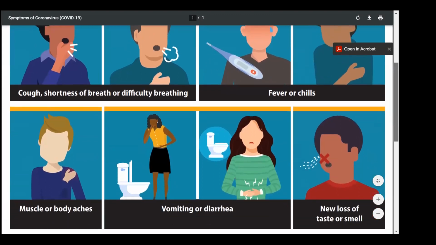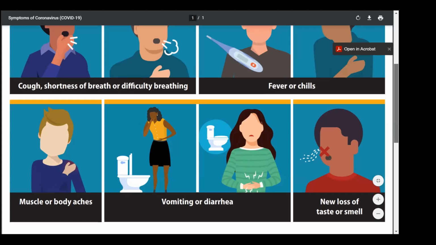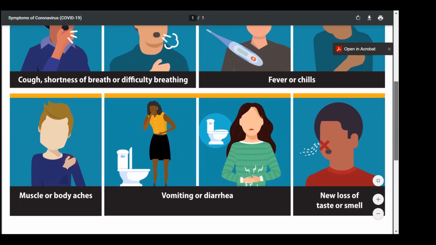They can also complain of muscle pain, vomiting or diarrhea, and loss of taste and smell. So these are the major things that we can find in different types of patients. Not all of them will come with all of this at once, but already you have some alarming signs and complaints as the patient is coming to you. So you always have to be on the lookout for COVID cases. Thank you, Alana.